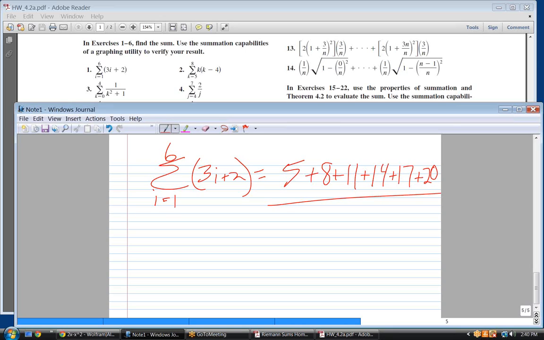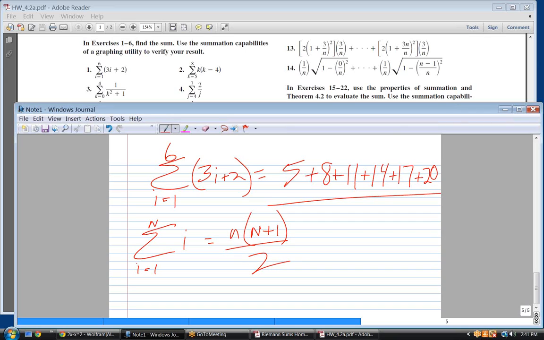Now, there is perhaps an easier way to look at this. I'm not convinced it's necessarily easier, but it's useful if I know that the sum of i, as i goes from 1 to n, is equal to n times n plus 1 over 2.